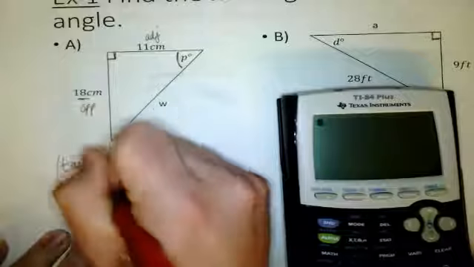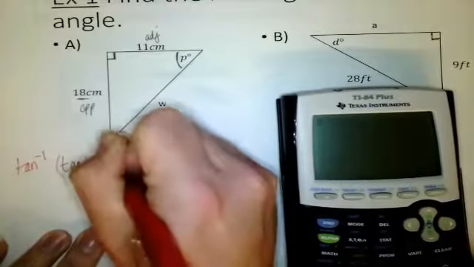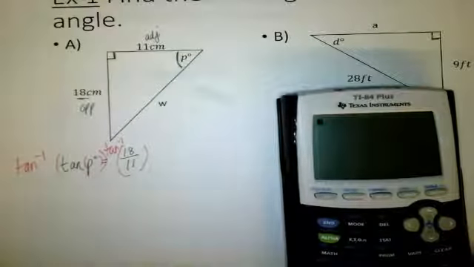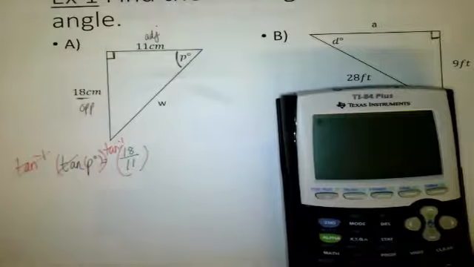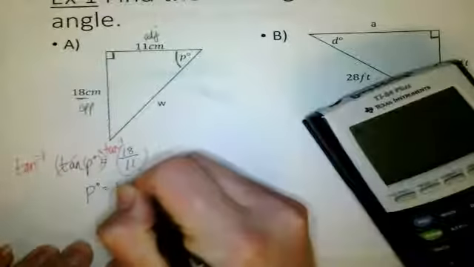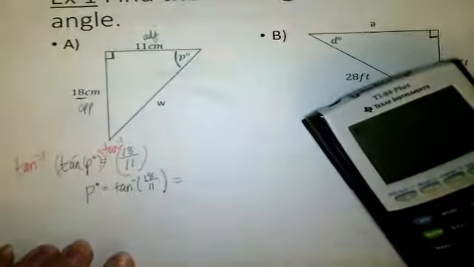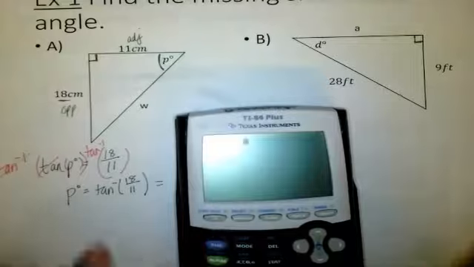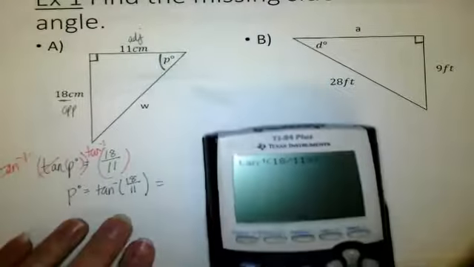So we take the tangent inverse of both sides. This is the entire reason we learn inverse functions, so that we can cancel them out. Tangent inverse and tangent undo one another, leaving P as the tangent inverse of 18 over 11. That is something we can plug into a calculator. So tangent inverse of 18 over 11.